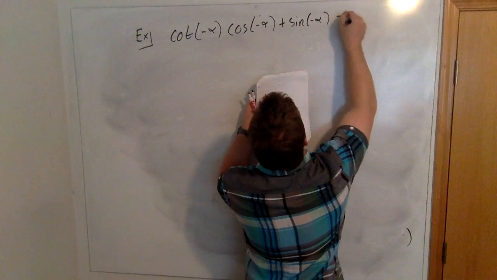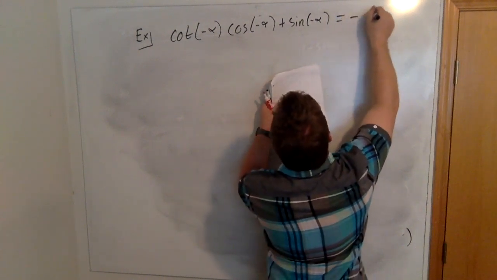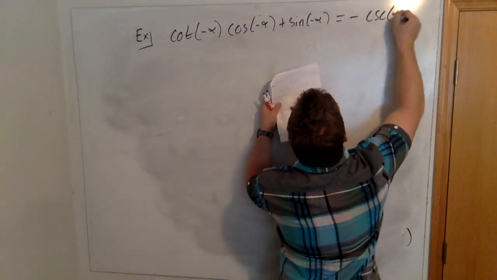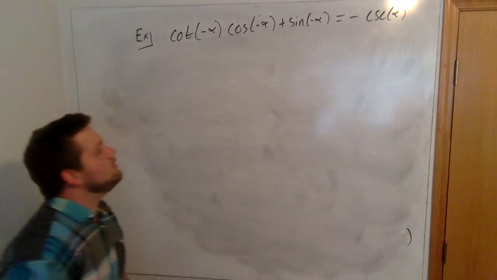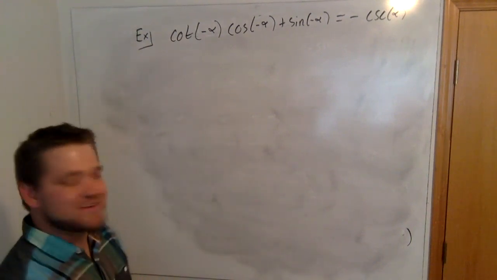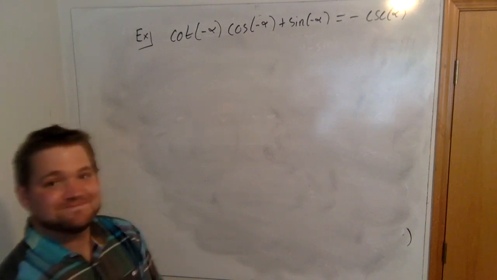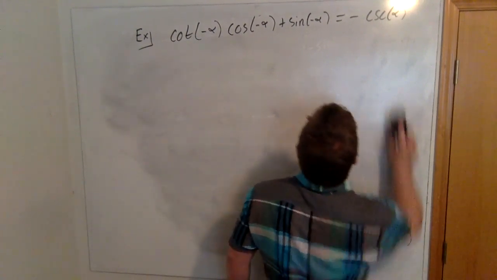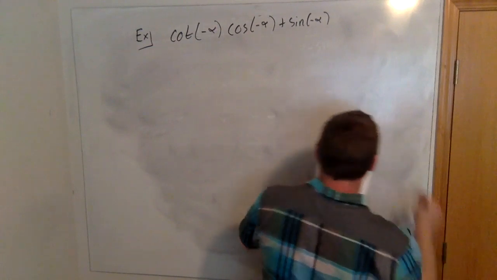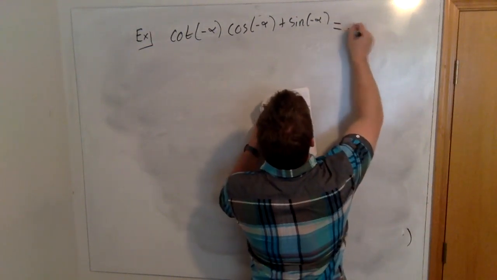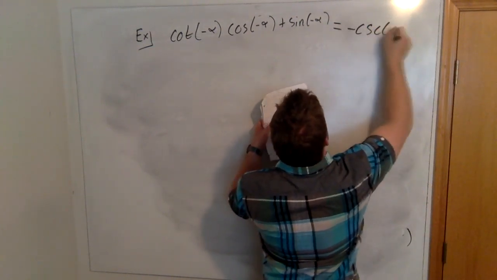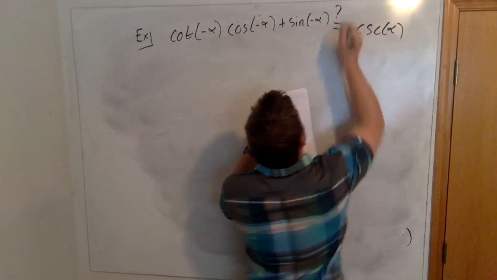Maybe we want to show that this is equivalent to a negative cosecant of alpha. Maybe go ahead and pause the video and try this on your own before we do it together. Okay, this is what we're trying to show.